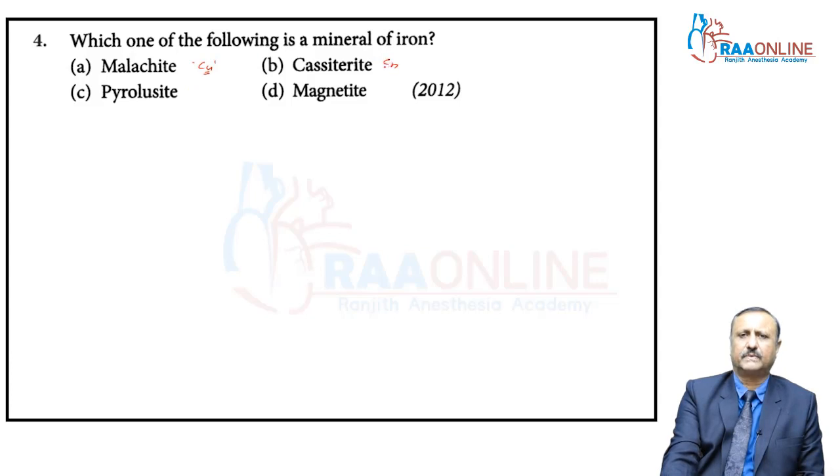Cassiterite is a mineral of tin. And pyrolusite is a mineral of manganese. So my dear students, you can go to answer D, because magnetite is a mineral of iron. And what is the formula of magnetite? My dear students, magnetite is Fe3O4.